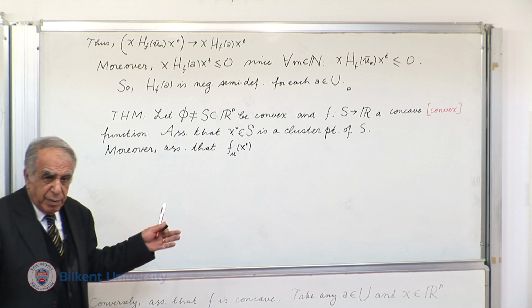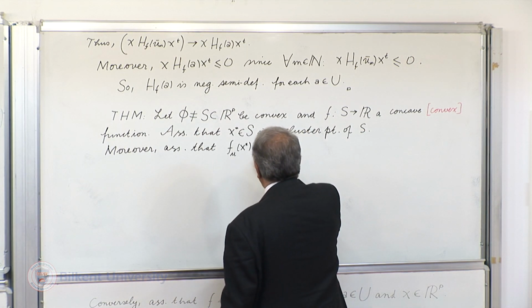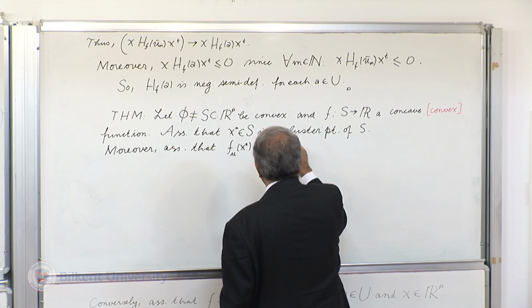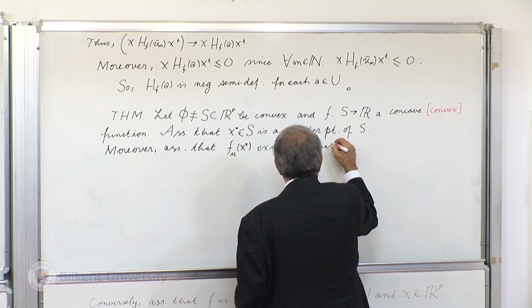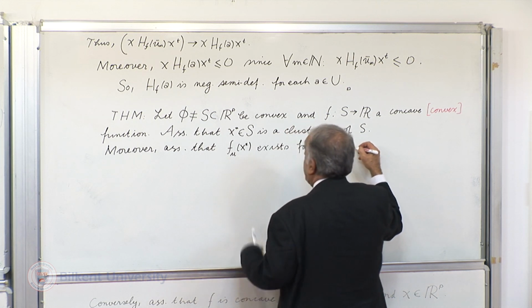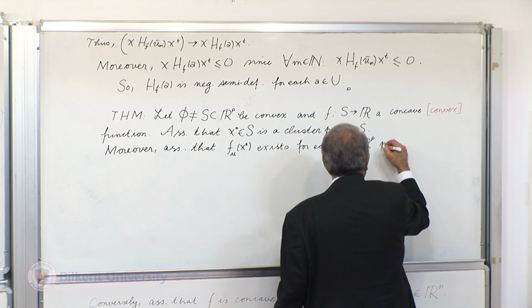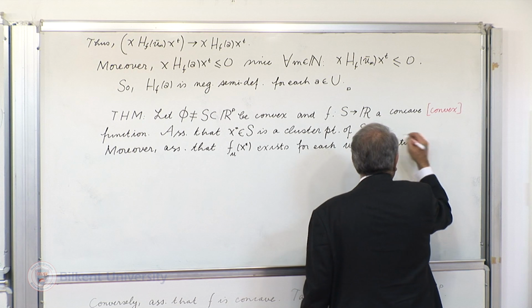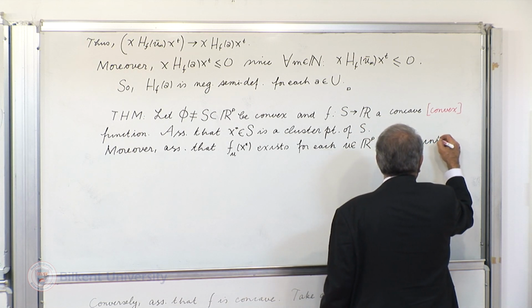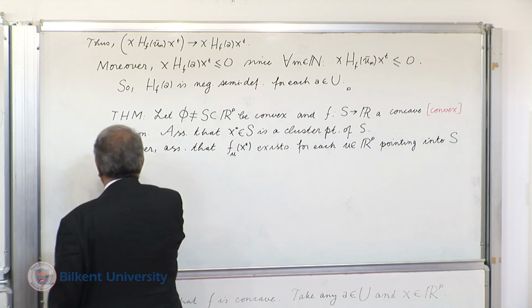Otherwise, the directional derivative will not be defined at all. Exists for each u in Rp pointing into S at x star.